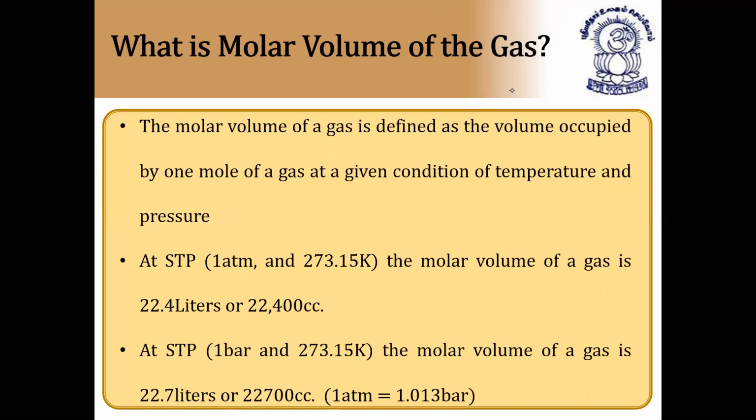By this, you can write 1 atmosphere is equal to 1.013 bar. So a bar is slightly smaller than an atmosphere, 1 bar is equal to 0.98 atmospheres, so automatically the volume will increase to 22.7 liters.